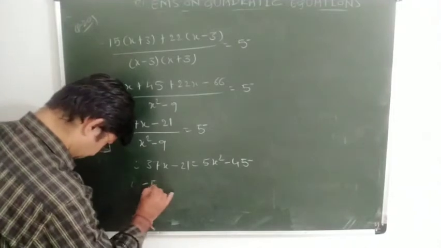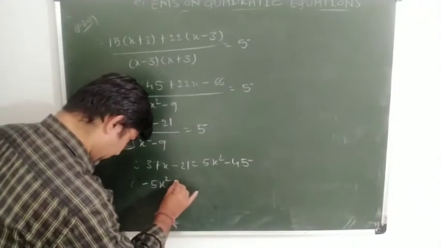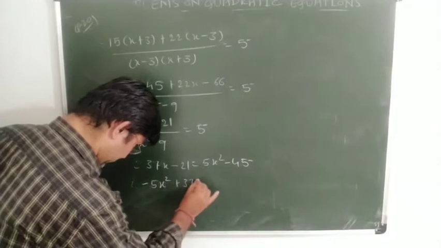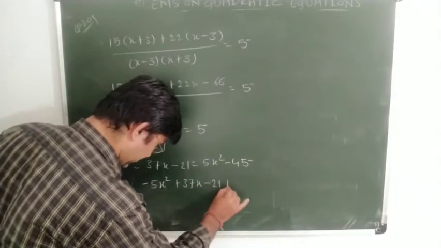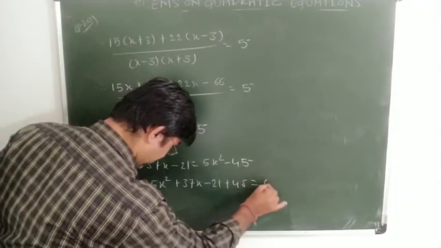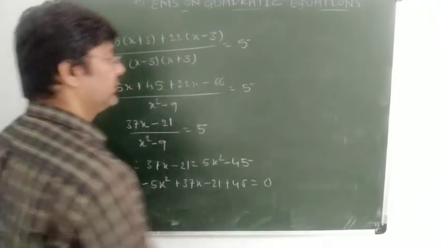Therefore minus 5x square plus 37x minus 21 plus 45 is equal to 0.